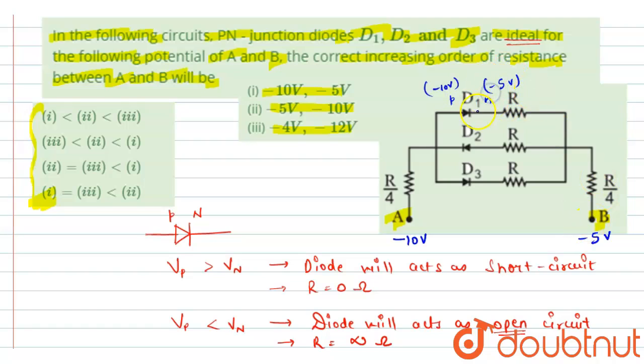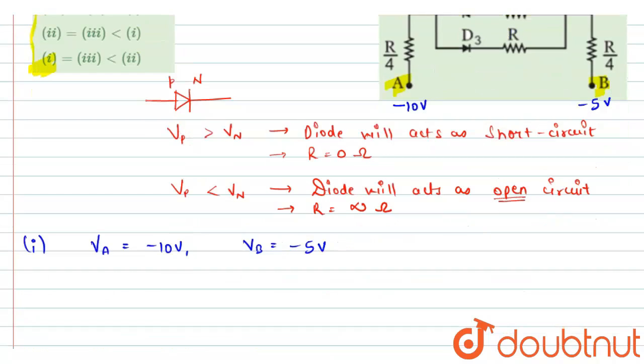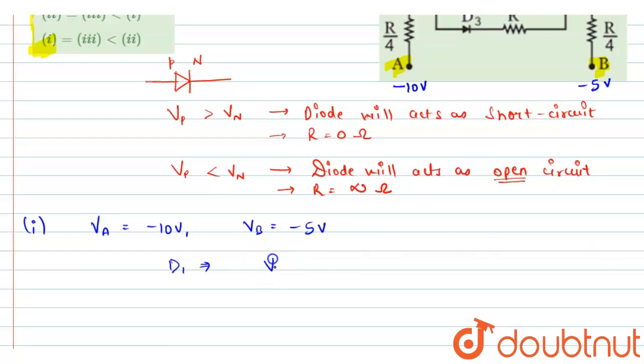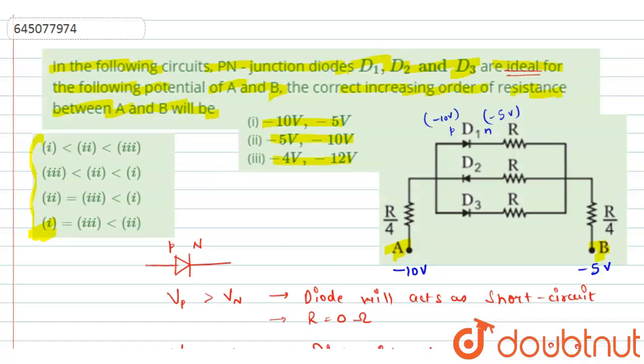So for diode D1, the potential at the N side is greater than the potential at the P side, that is, Vn is greater than Vp. So the diode will act as an open circuit, hence it will give a resistance of infinite ohms. So D1 will be open circuited.